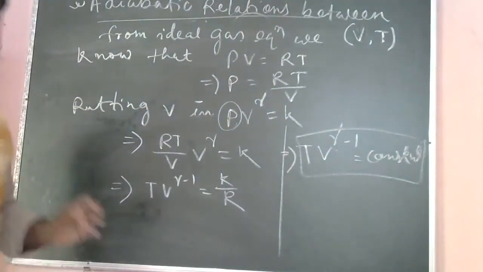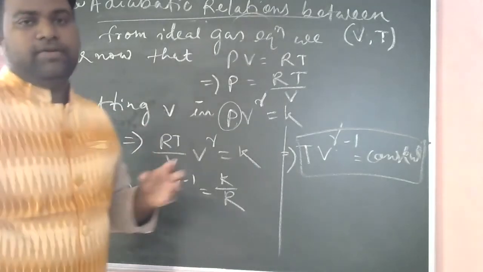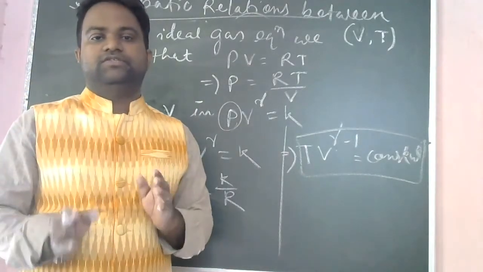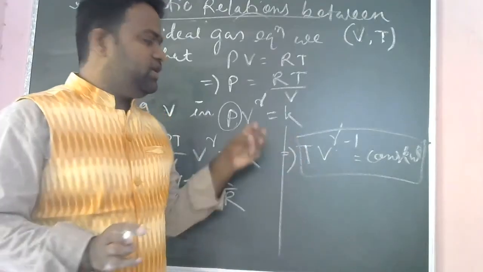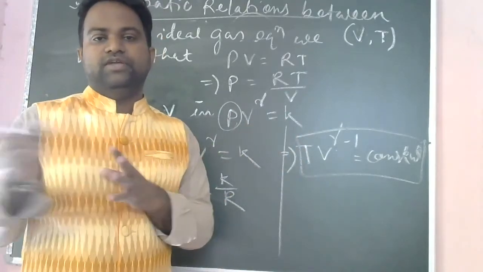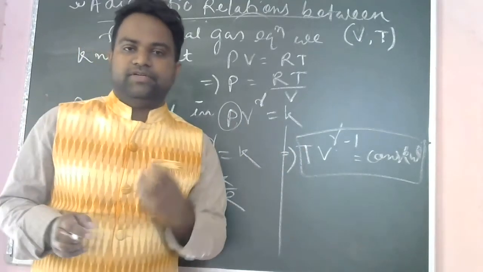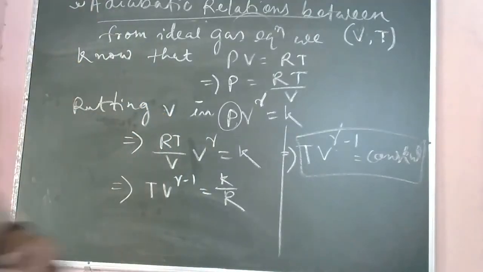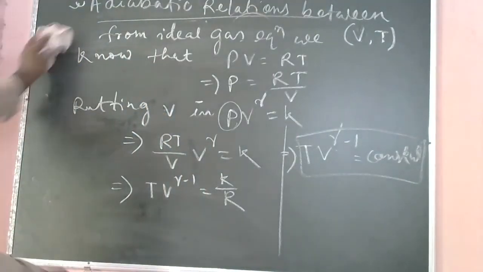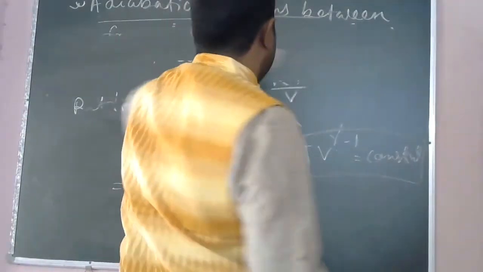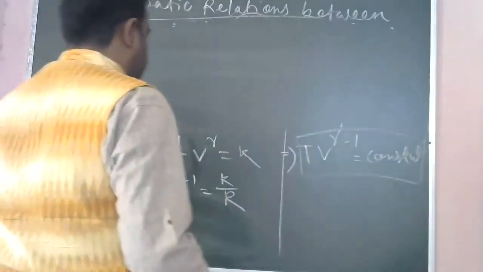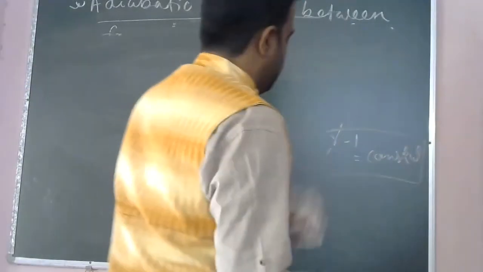Okay. So in this video, we have completely derived the three relationships between pressure, volume, and temperature in the case of an adiabatic process. Again, I am summarizing what we have discussed: we have used the first law of thermodynamics and the ideal gas equation to find the relationship between the three.